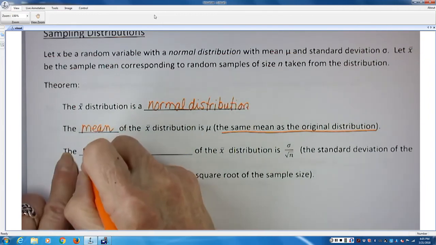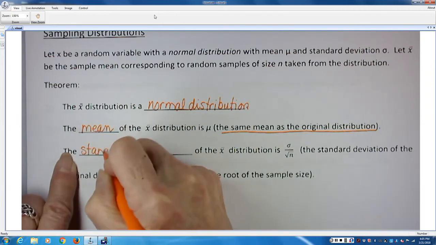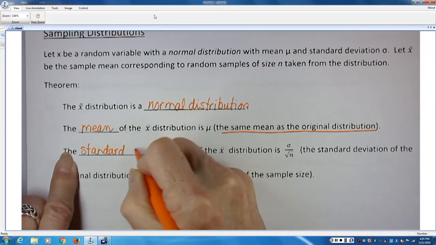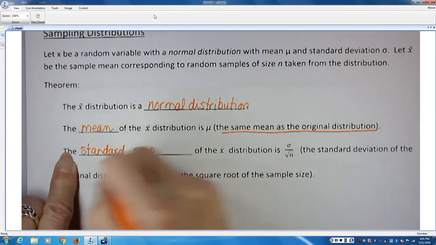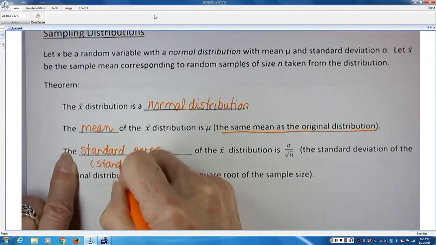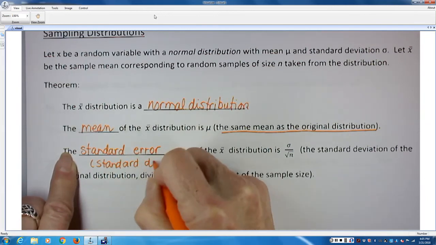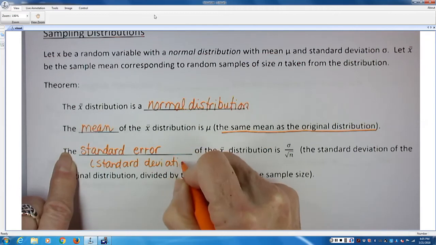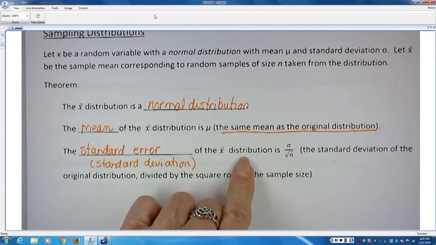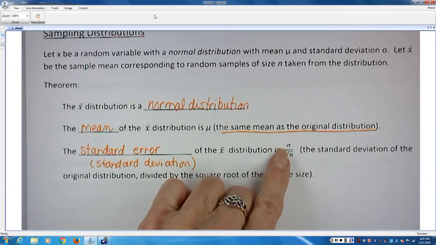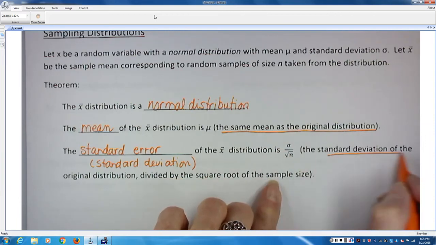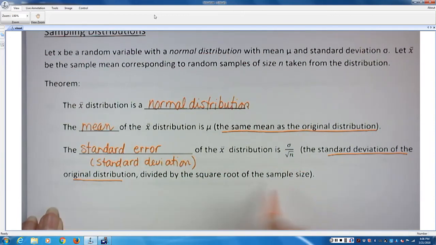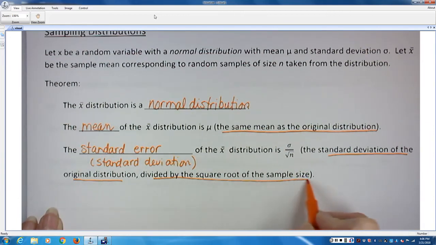And the standard error, which is a type of standard deviation, of the x bar distribution is the population standard deviation, but it has to be divided by the square root of the sample size, which is n. Okay?